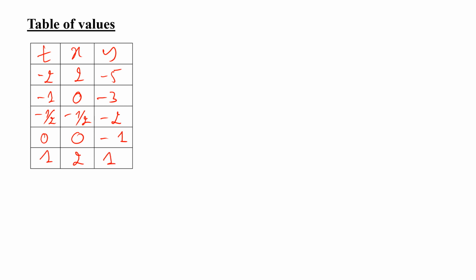As you see, we have different points. We have 2, negative 5, we have 0, negative 3, we have negative 1 over 2, negative 2, we have 0, negative 1, and we have 2, 1.